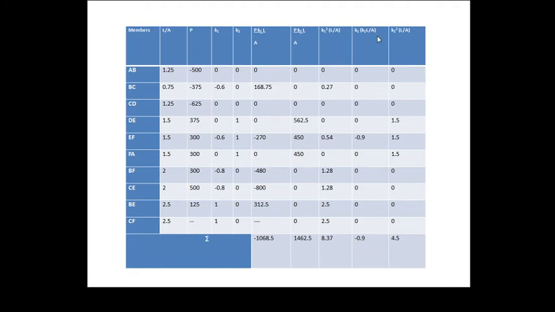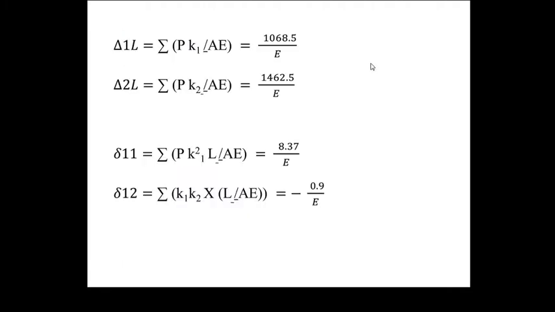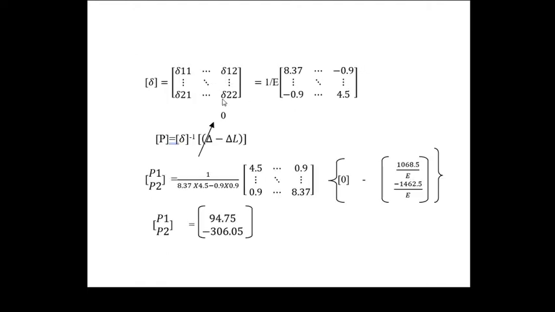That is delta 21 and delta 12. Similarly, you tabulate delta: 8.37, minus 0.9, minus 0.9 and 4.5. This is your delta. This small delta we call the flexibility matrix.